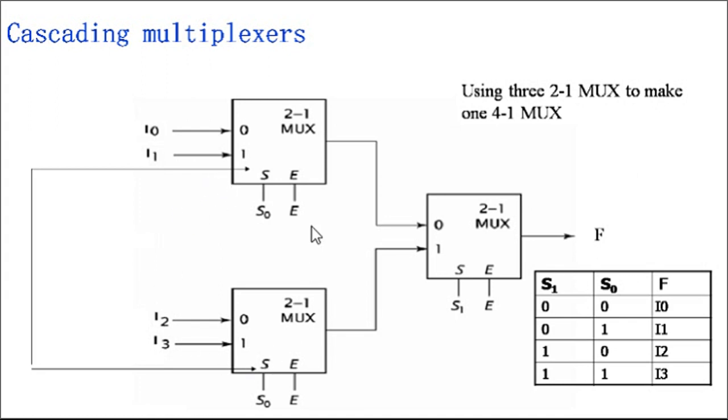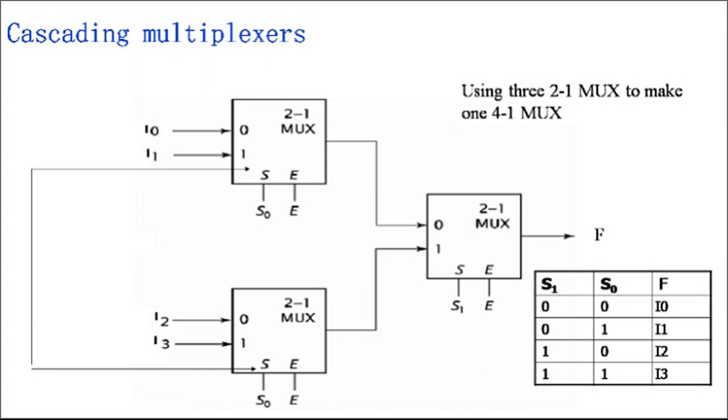See, here is a 2 to 1, and we can implement a 4 to 1 using 3 2-to-1 muxes: two 2 to 1, and the third one, and we can implement the 4 to 1.